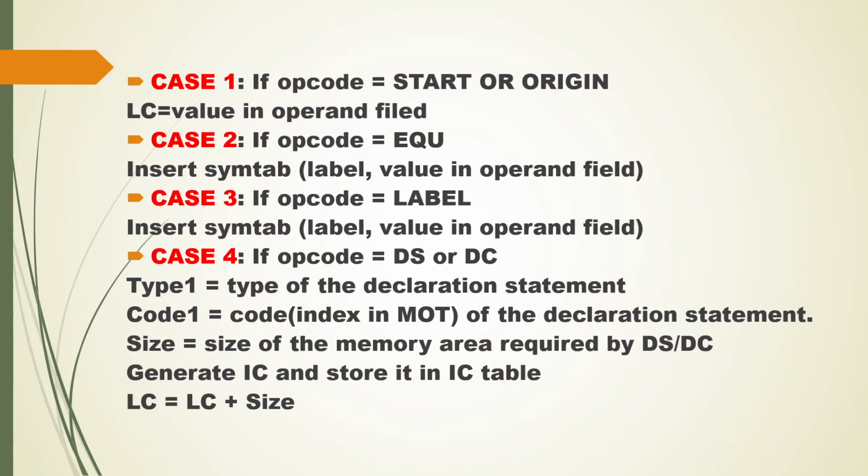Here MOT is nothing but the machine opcode table. Then size is equal to the size of the memory area required by DS or DC. Then we have to generate intermediate code and store it in the IC table. The location counter will increment by its size.